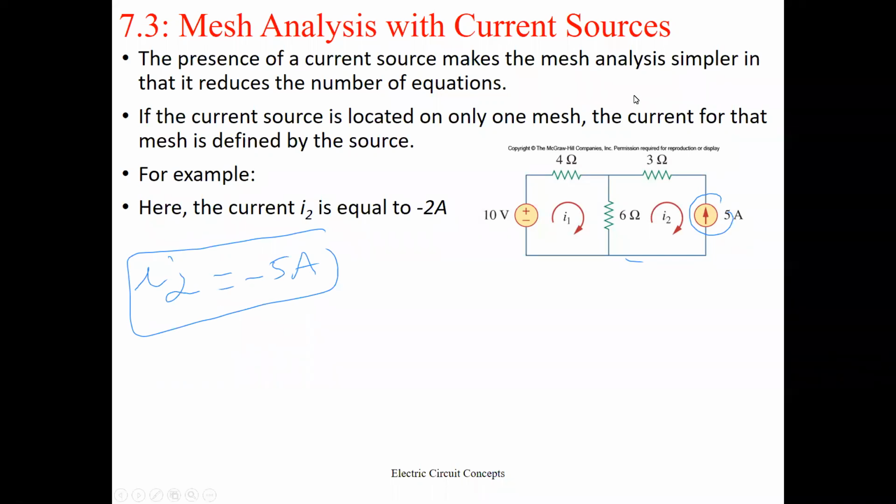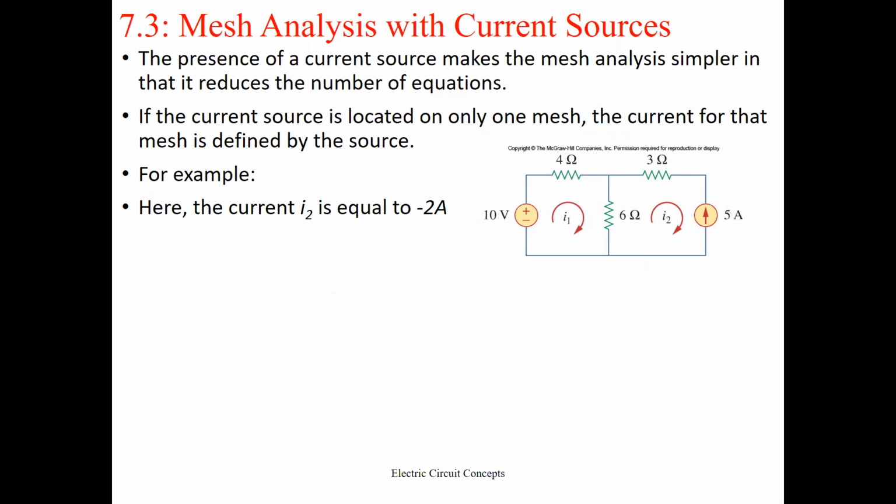So again, if the current source is located on only one mesh, the current for that mesh is defined by the source. For example, the current I2 should be -5. That should be -5. It's a typo mistake.